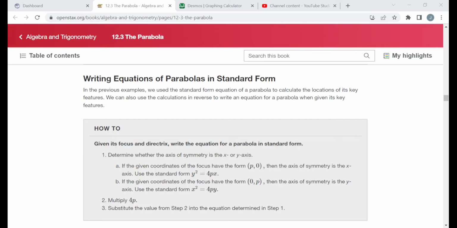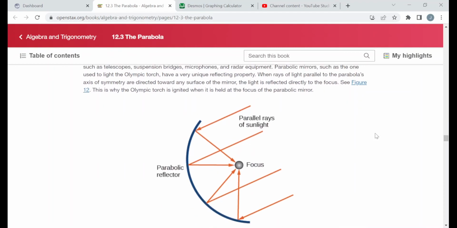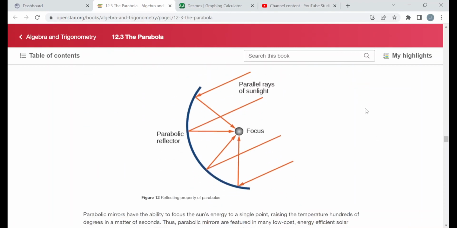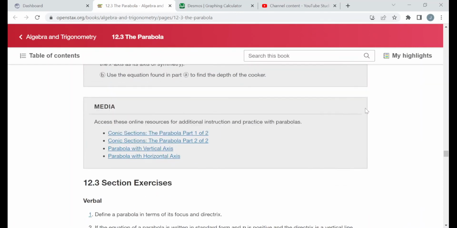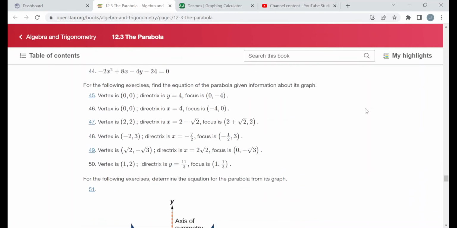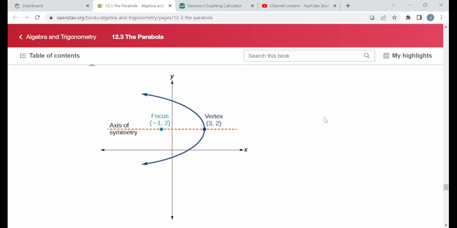We go back to the text here, scroll down to the bottom of the section. I'd highly recommend reading the solving applied problems involving parabolas as well. It's very interesting, but not doing that here. Exercise 52 says determine the equation for the parabola from its graph.